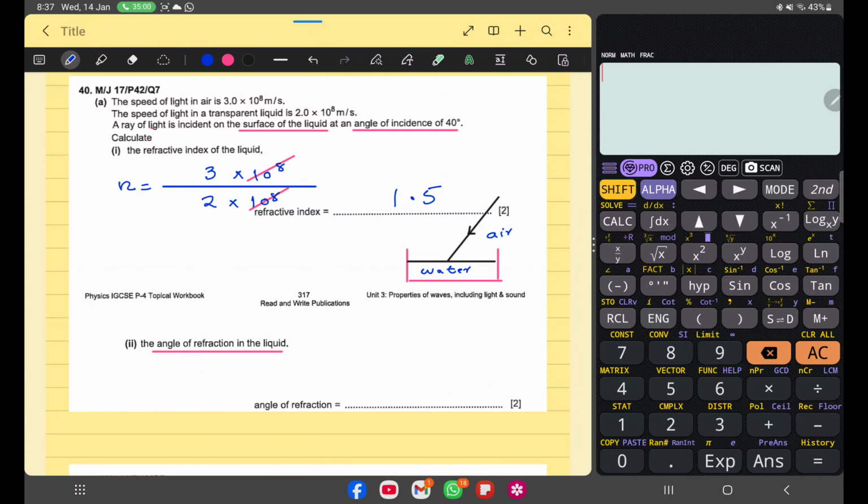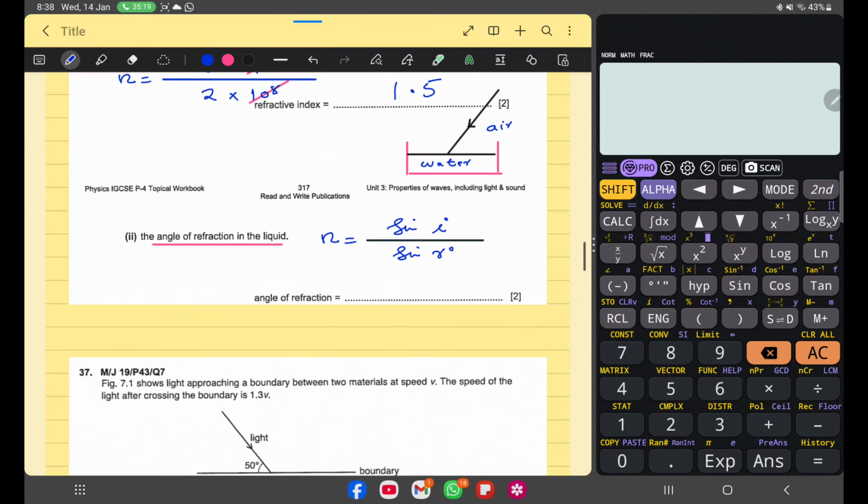Amna, if the light is coming from air into water, what is the formula? It is sine I upon sine R, because the light is coming from air into water.